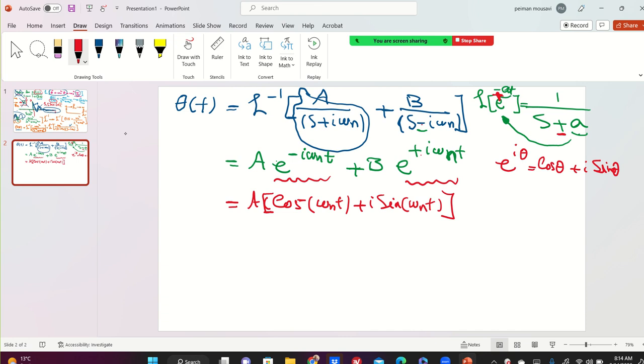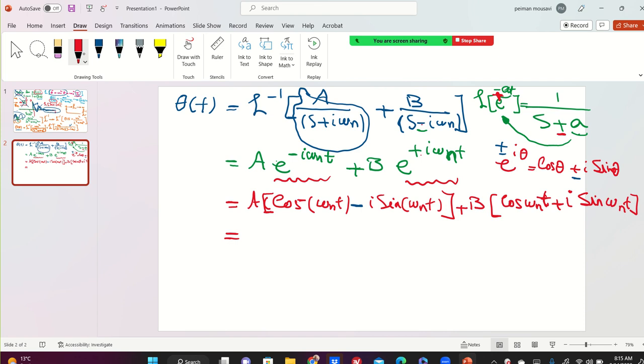But here is a minus, so here it's going to be minus, because it's plus minus. I already taught you this in this course. Plus b, cosine omega_n t plus i sine omega_n t. And I'm just repeating myself because we already did this in time series, remember, for the pendulum?